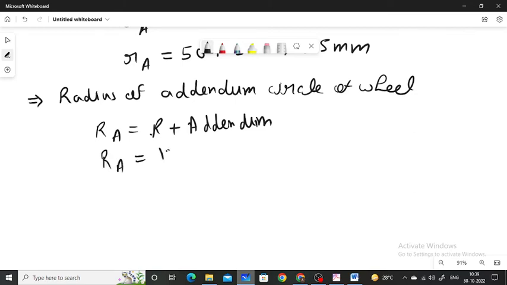Pitch circle radius of the wheel is 100 and addendum is 5. So the radius of addendum circle of wheel will be 105 mm. Okay.